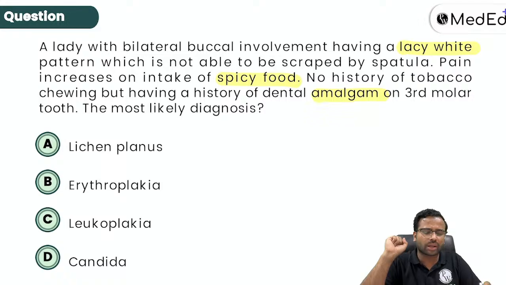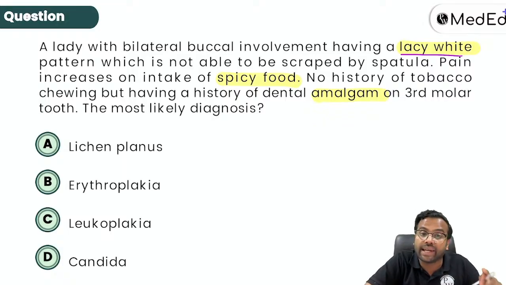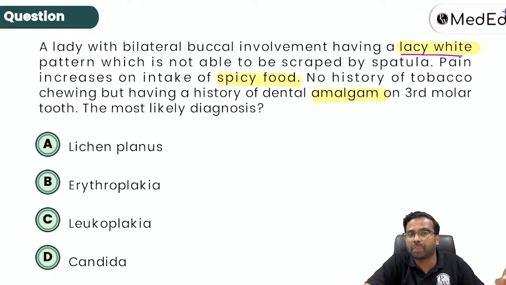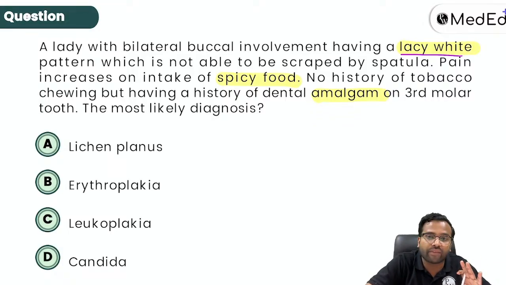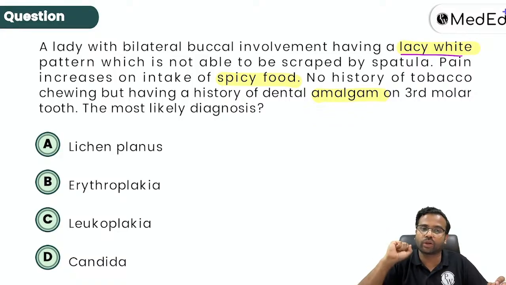We are talking about something seen within the oral mucosa, a white lacy pattern, and the patient complains of pain every time he consumes a pickle or spicy food. So what is the diagnosis? Lichen planus, erythroplakia, leukoplakia, candida.